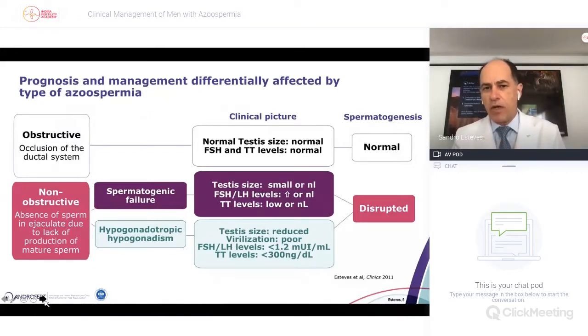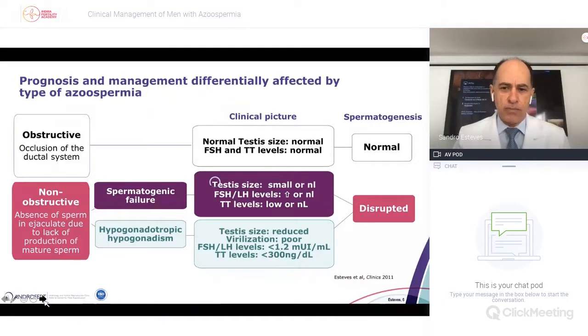But management will differ completely because in hypogonadotropic hypogonadism, we have an opportunity to provide medication for the patient, gonadotropins specifically, to make the testicles make mature sperm. By contrast, in spermatogenic failure, we don't have much to do in terms of making the condition normal.